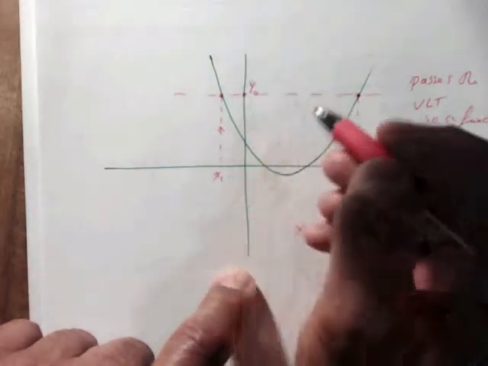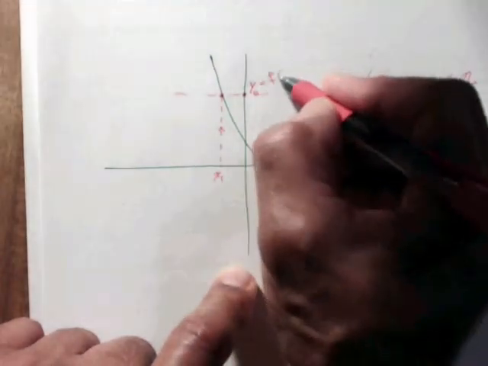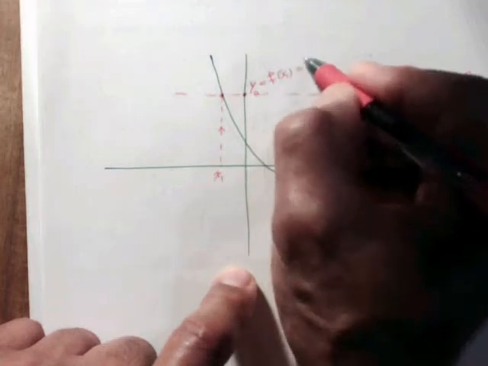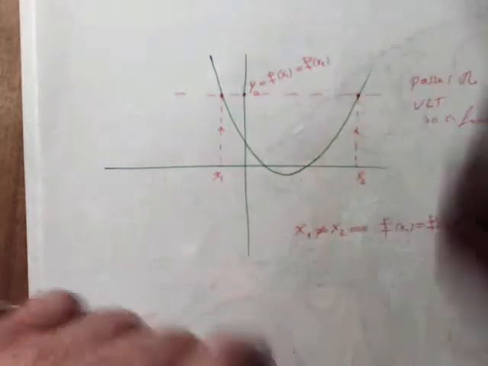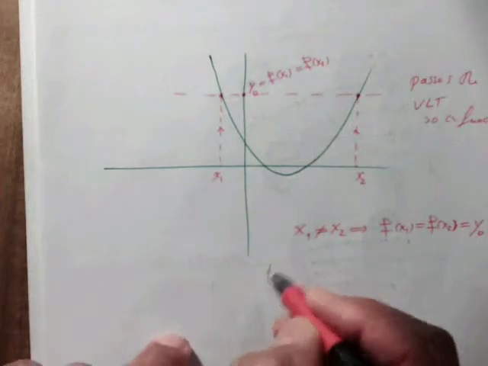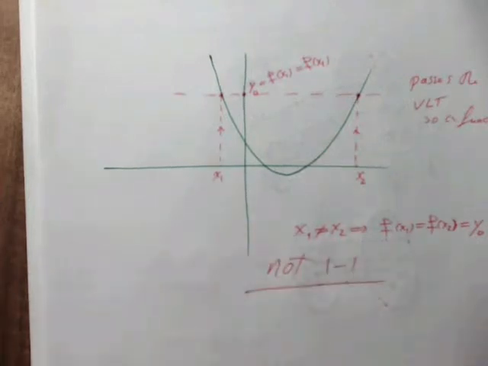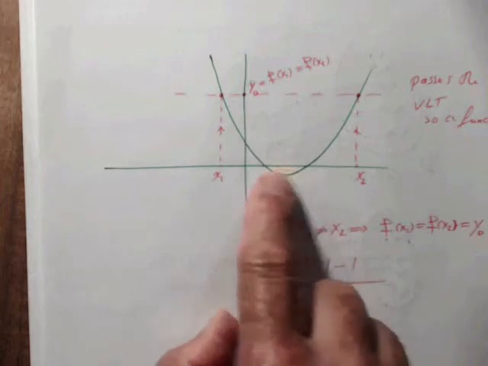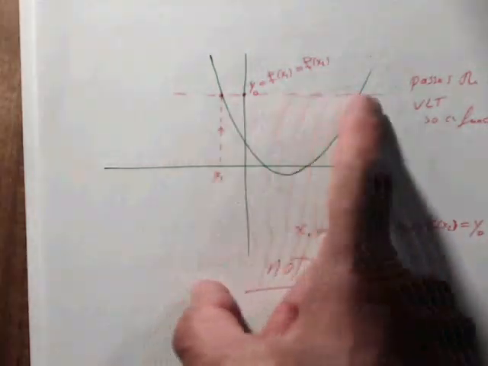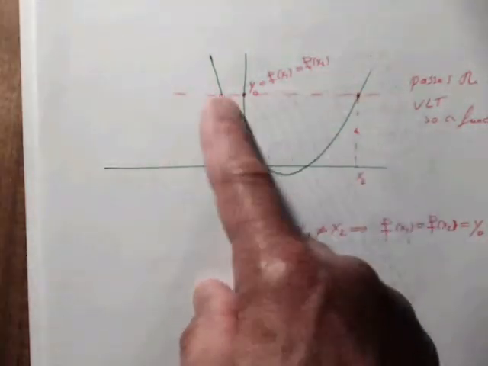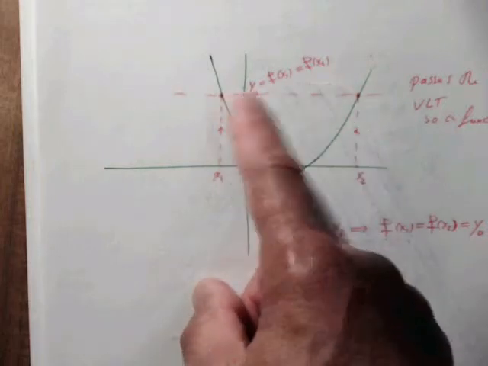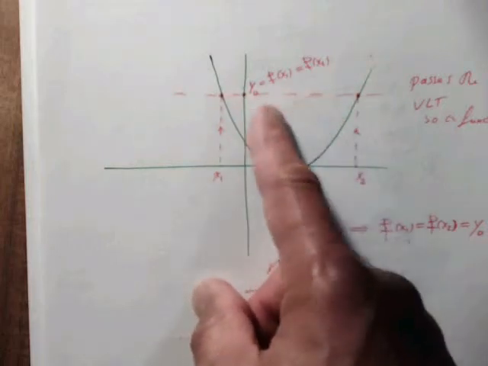y0 is f of both of them. This is f of x1. It is also f of x2. So this function is not one-to-one. So that gives us the tool we need. If a function has a graph and its graph is intersected at more than one point by a horizontal line, then that function is not a one-to-one function.